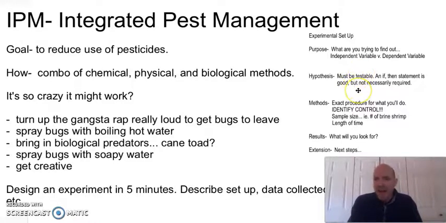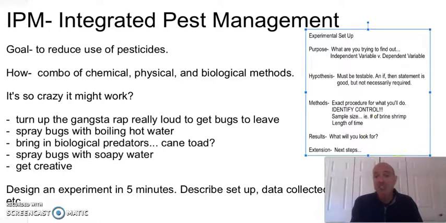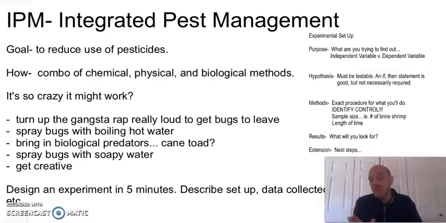I'm going to write a hypothesis. It doesn't have to be an if-then statement, but if you can do it, it's great. And then I'm going to come up with step-by-step methods. For sure, I'm identifying the control. I'm talking about my sample size, the number of brine shrimp that I'm testing in my LD50 experiment. I'm going to say how long they're going to be exposed to the treatment.